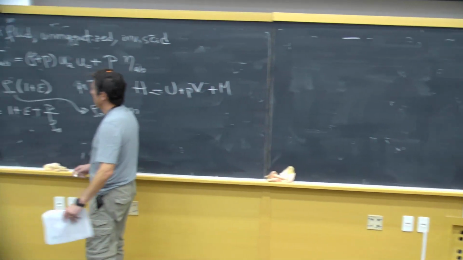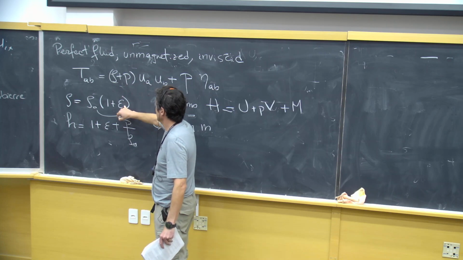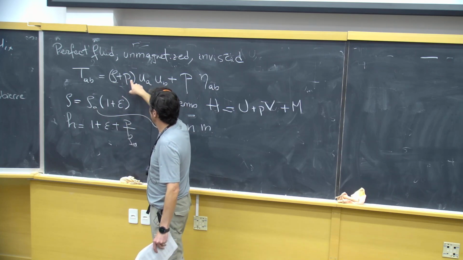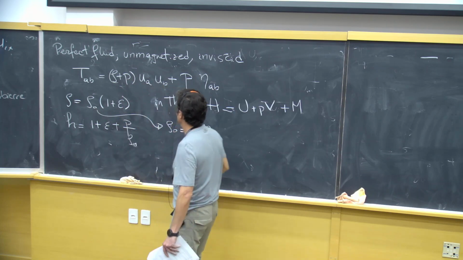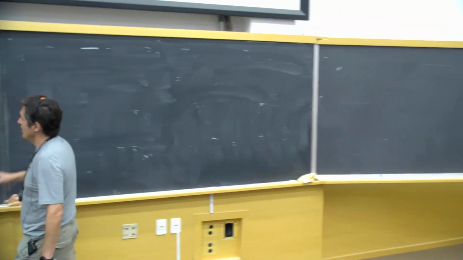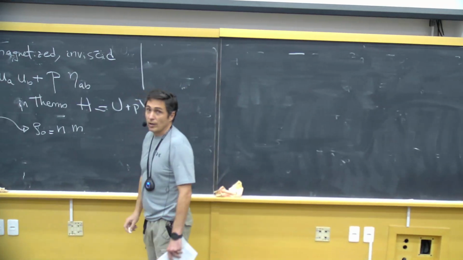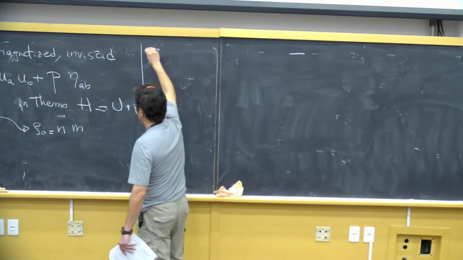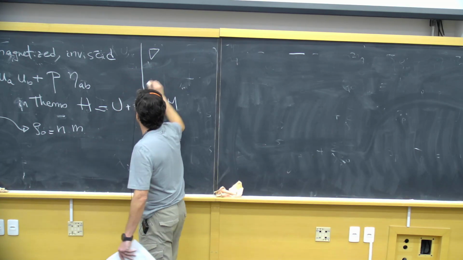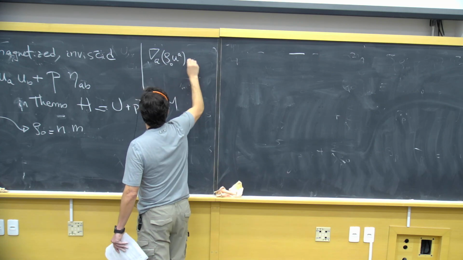So if we count, we have as unknowns rho, p, rho 0, epsilon, p, u. We also have to imagine how many equations we have, even if we can determine them all. So we have a conservation of particle number. We're going to write as the divergence of rho 0 u^a equal to 0.